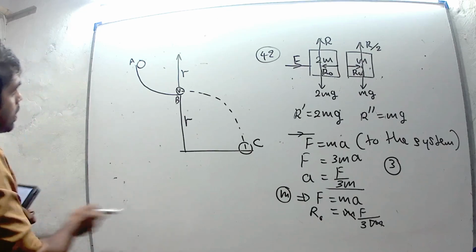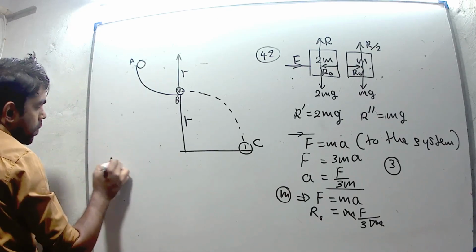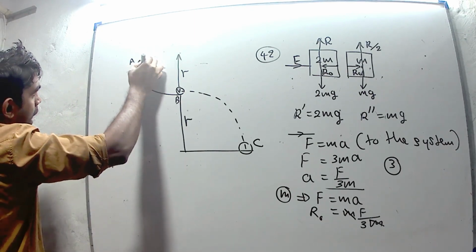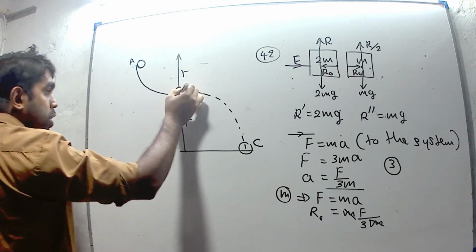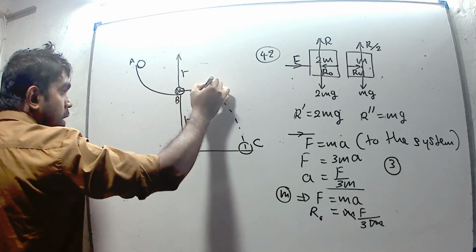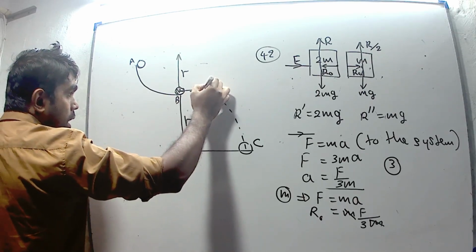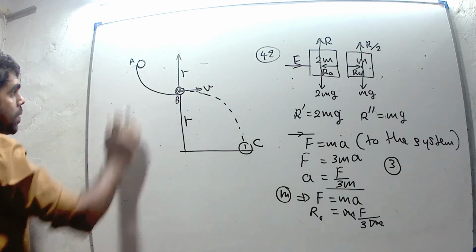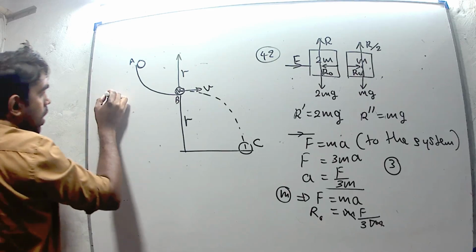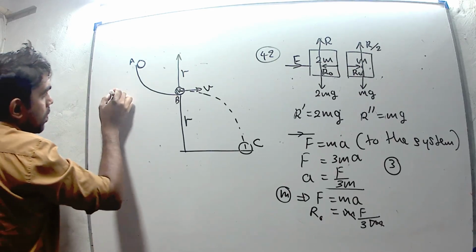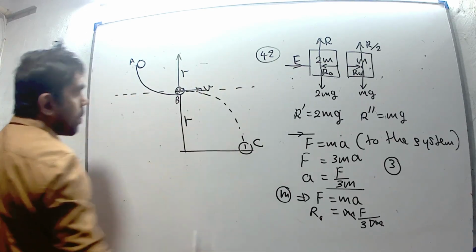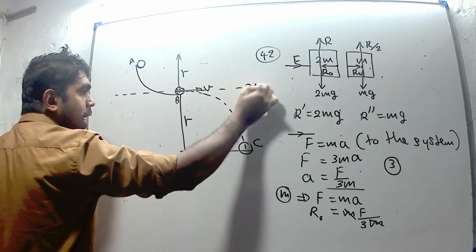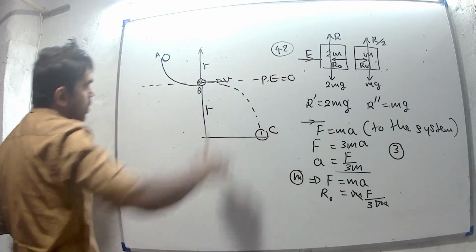I will use it from A to B. You know that the velocity at A is 0. The velocity at B, the horizontal velocity, I will consider as V. We can use conservation of energy between A and B. At point A there is potential energy relative to this straight line, which I have considered as the zero potential energy level.